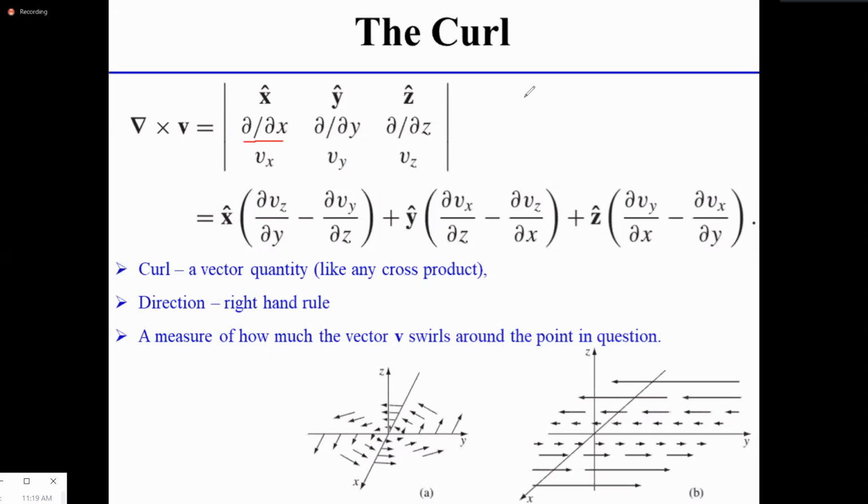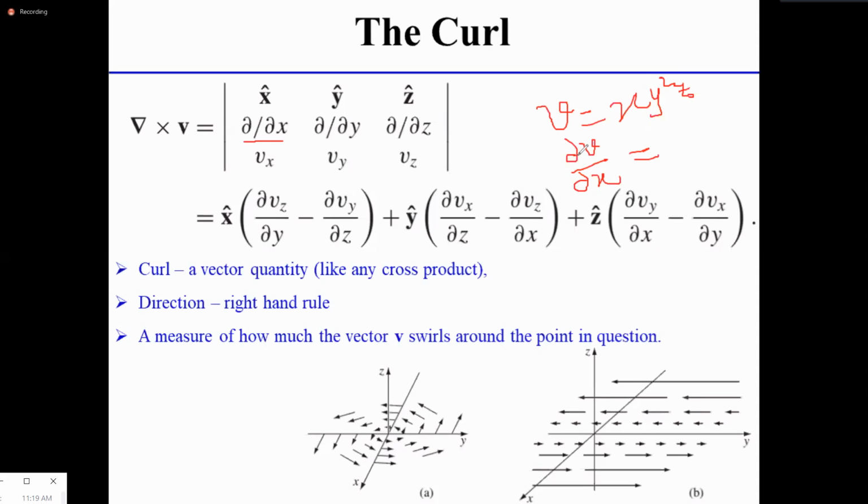Suppose you have B given by x y square into z. Then this del B over del x. Here x, y, z are all variables as we consider normally. If you have to differentiate this B, then you should consider all of them variable.